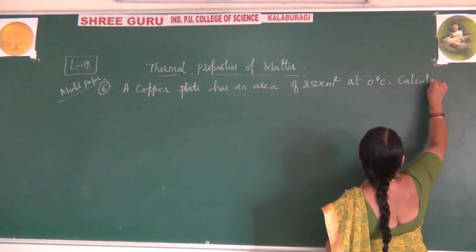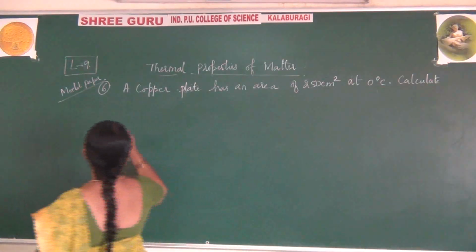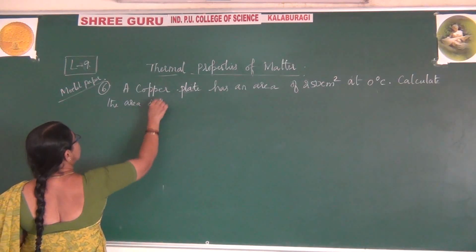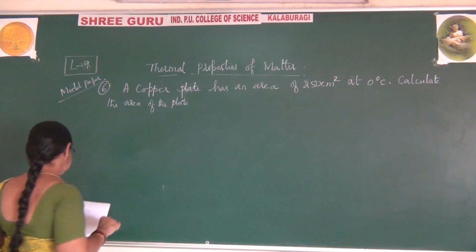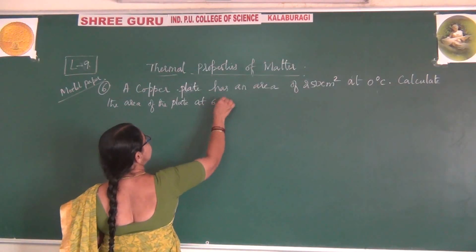Calculate the area of the plate at 60 degree centigrade.